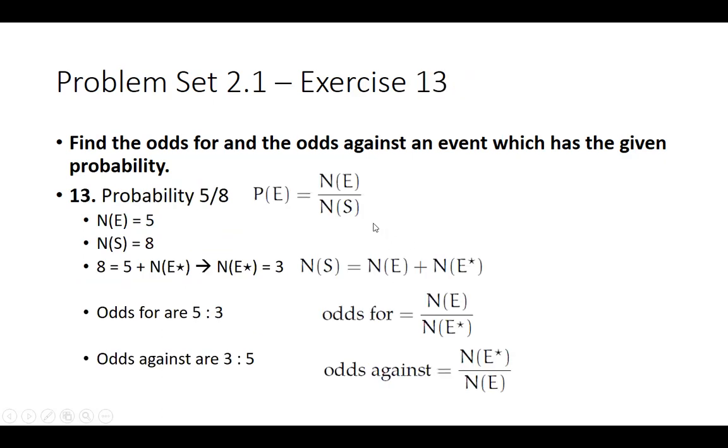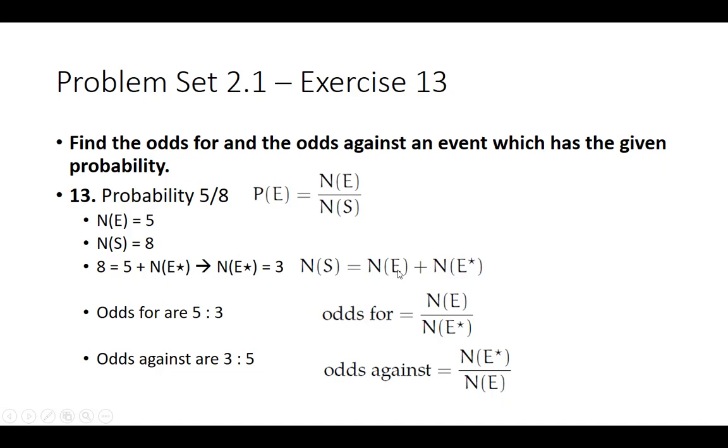Number 13, they give us a probability. The probability they give us is 5/8. And since probability is NE over NS, that gives us NE and NS. NE would be 5, NS would be 8.